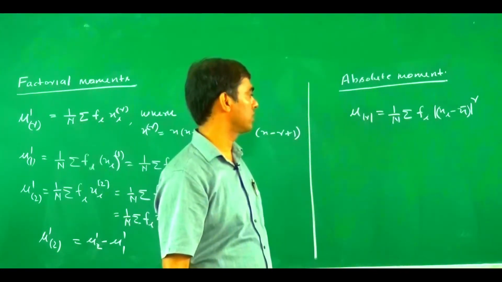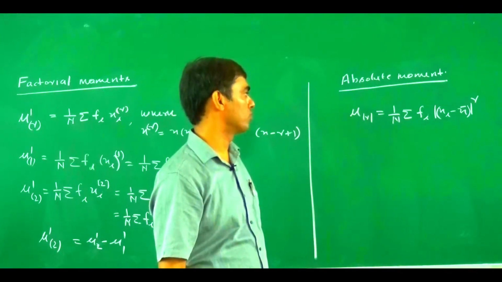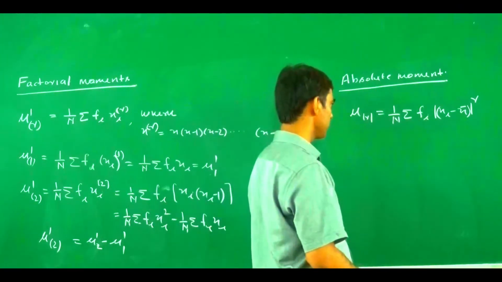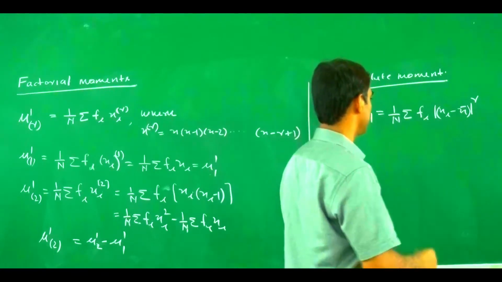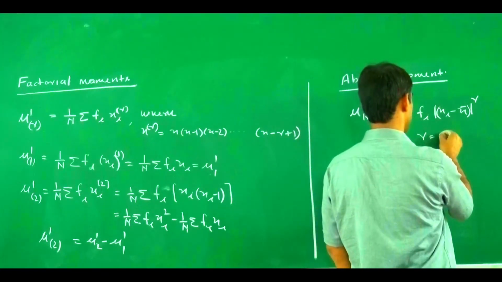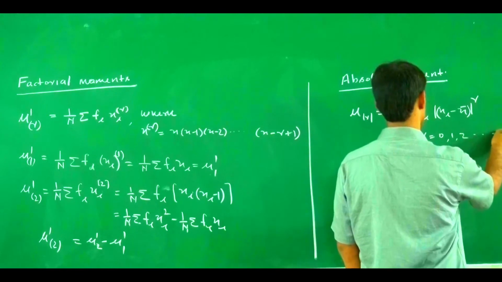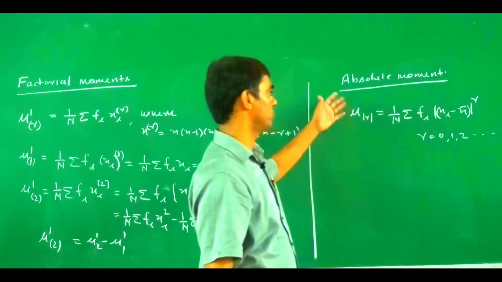So this is the absolute moment, where r ranges over r equal 0, 1, 2 and so on.